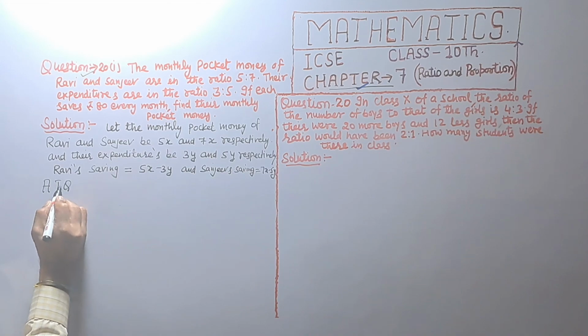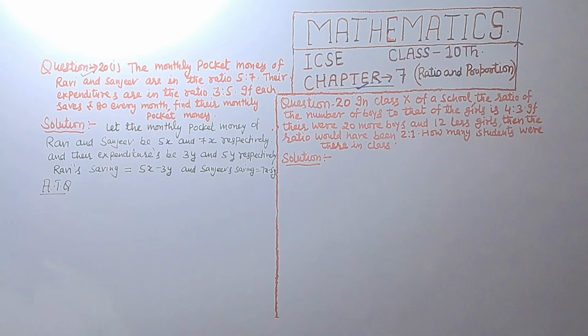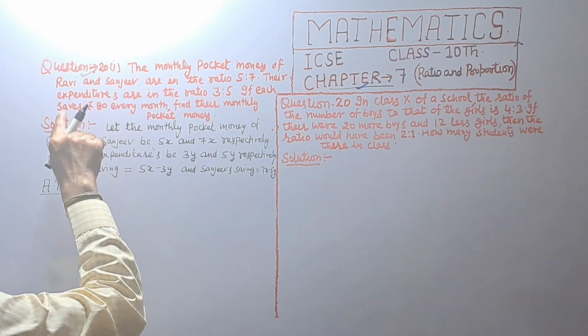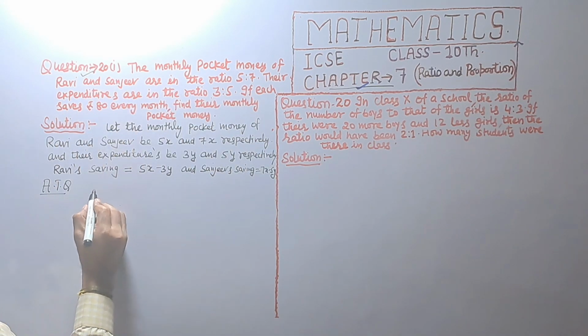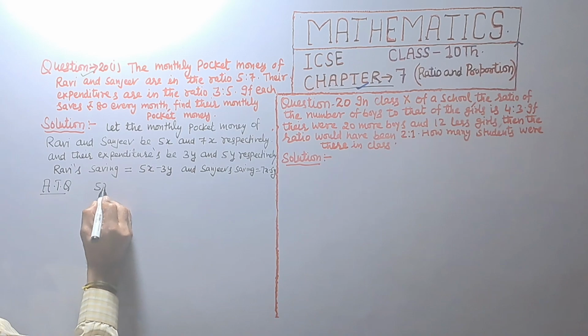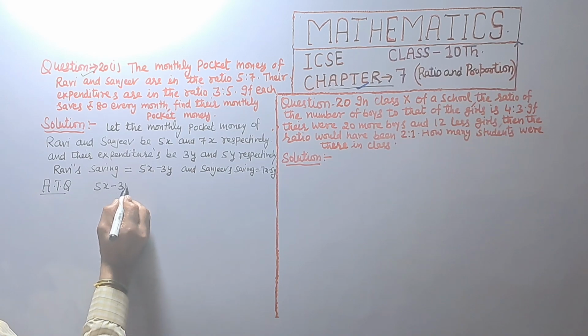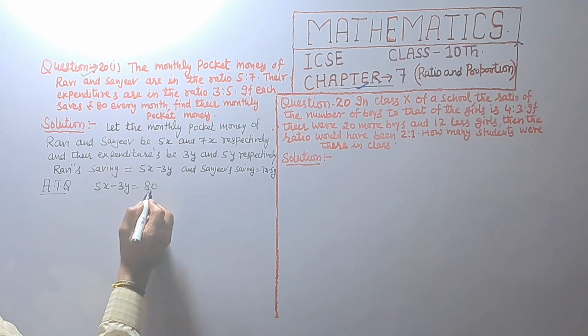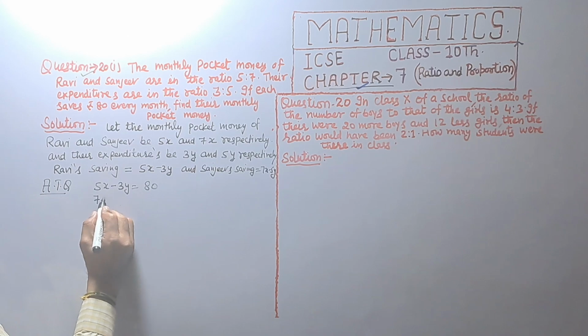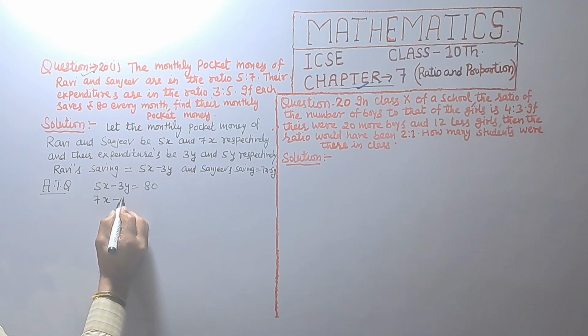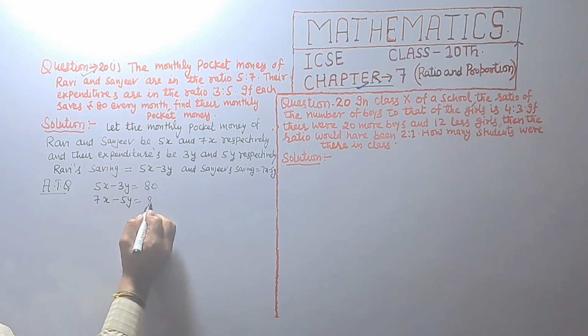According to question, if each saves rupees 80, 5x minus 3y is equal to 80 and 7x minus 5y is equal to 80.